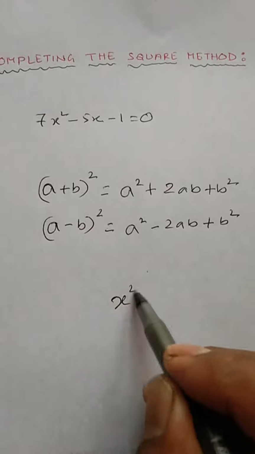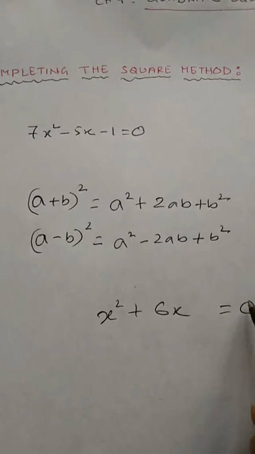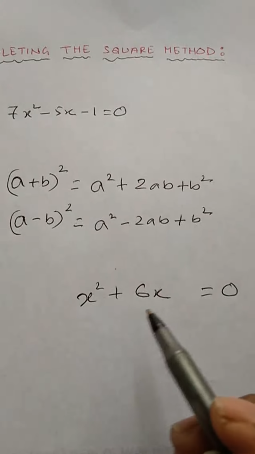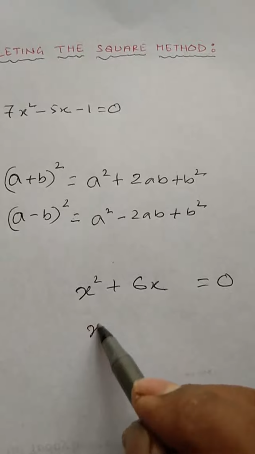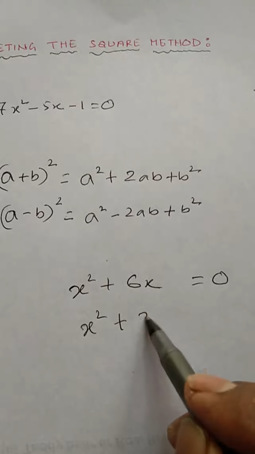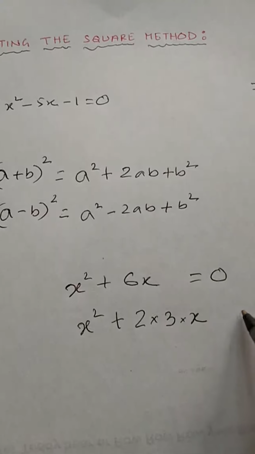Say x square plus 6x equal to 0 is given. Now this expression x square plus 6x, you can write it as 2 into 3 into x.